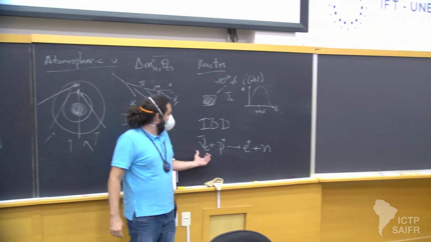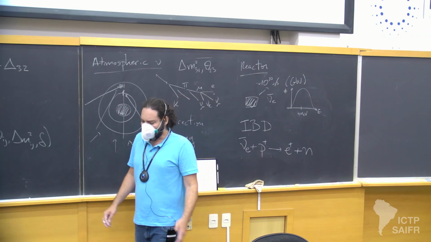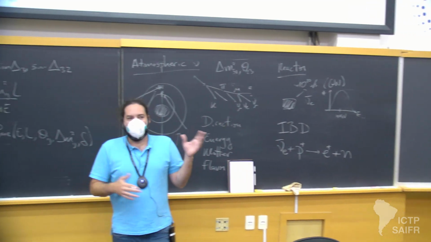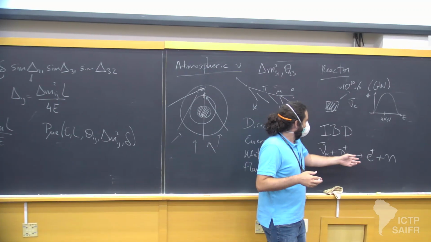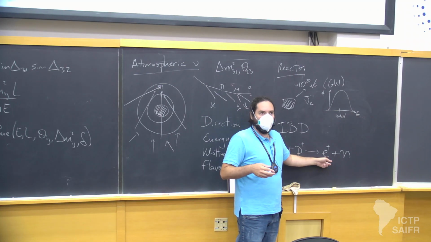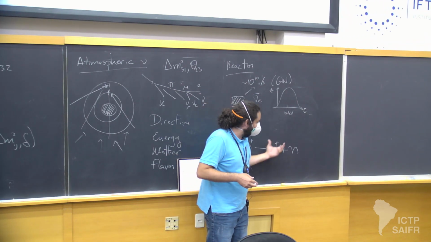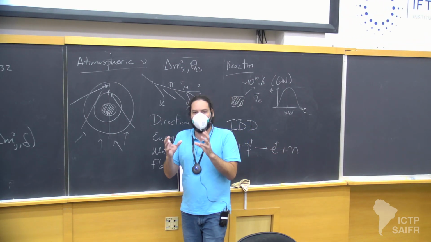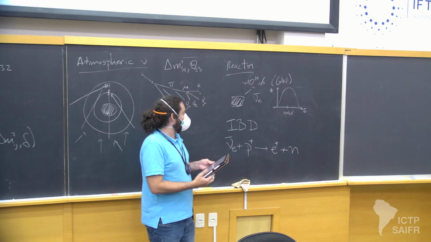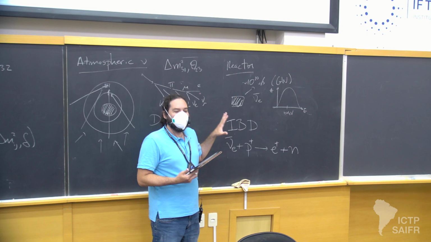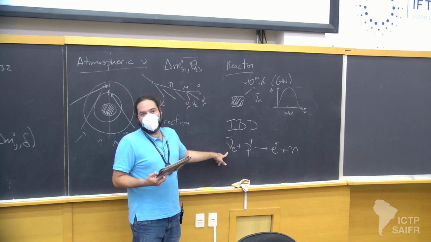So a nu e bar interacts with a proton in your detector. Usually these detectors have carbon and hydrogen in them. And they emit a positron and a neutron. And by how you see these particles, you actually have a very, very decent signature for these events. You can cut a lot of backgrounds, super strong, super good, nice cross-section. The only drawback is that you can only see nu e bars.